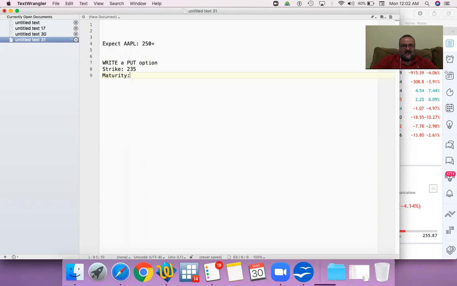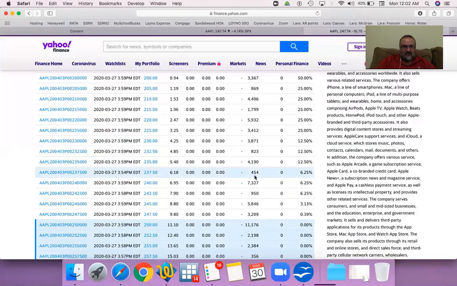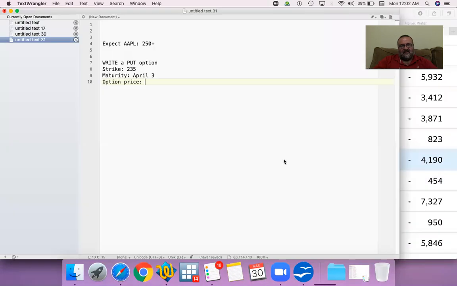Maturity is April 3rd, and the option price is, let's take a look, this is a 235 put option at $5.40. So $5.40 is what we collect. However, this is a tremendous amount of risk.